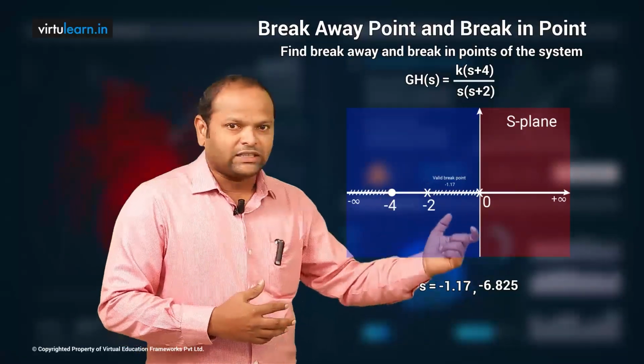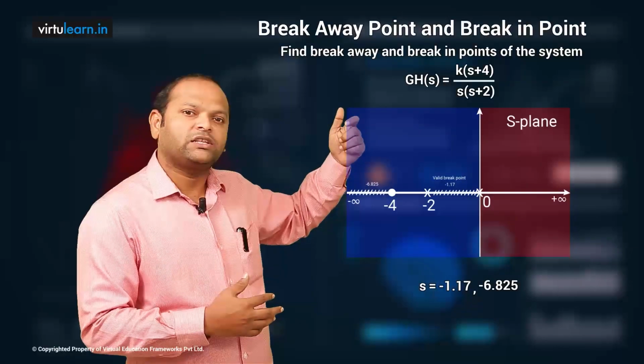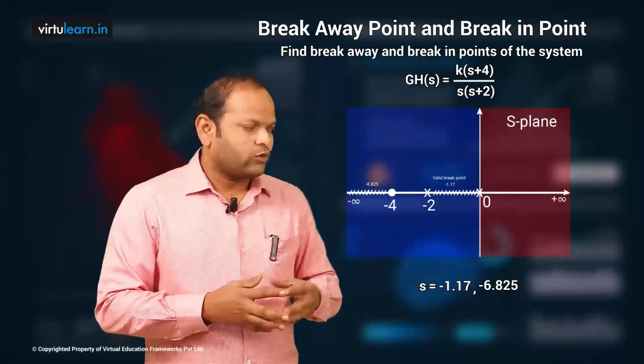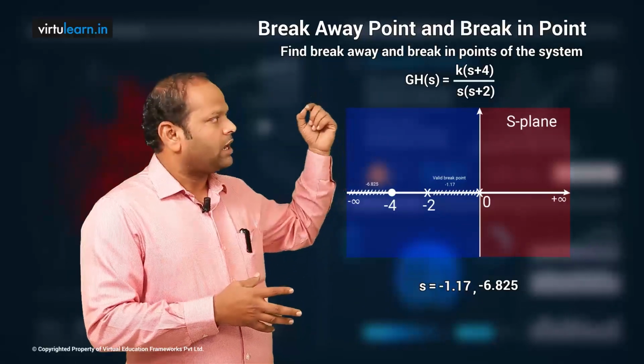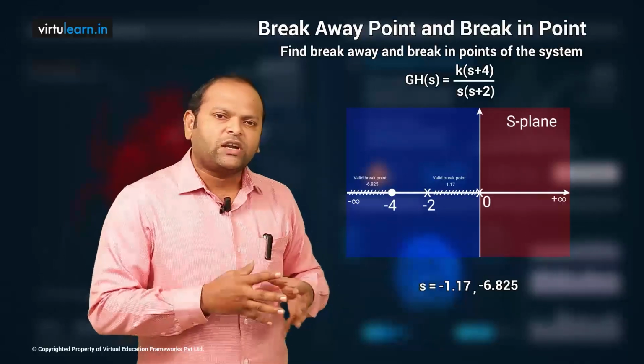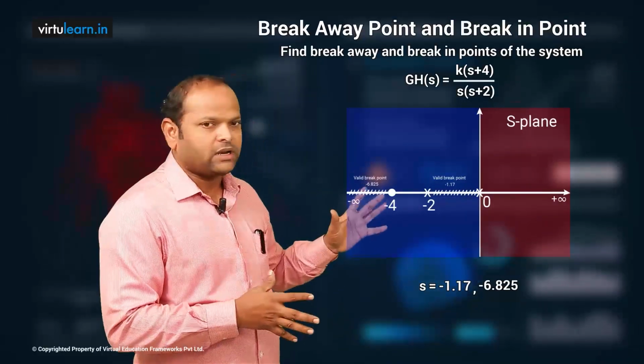Similarly, the other one is minus 6.825, and we know that from minus 4 to minus infinity, the entire area has root locus. Therefore, this point is also on the root locus, and it is also a valid breakpoint. Whatever roots you are getting, both roots are valid breakpoints for this particular system.